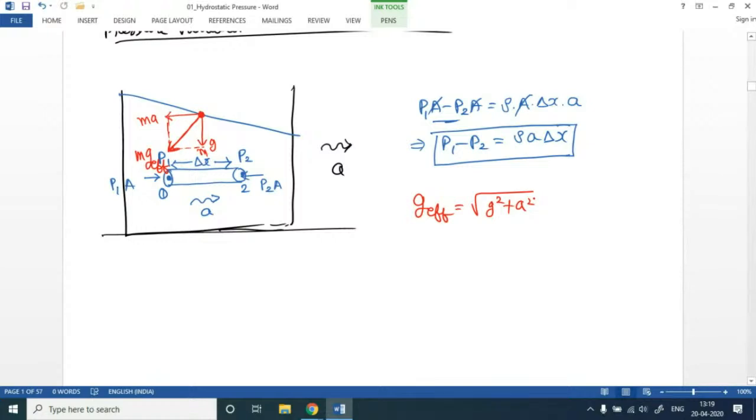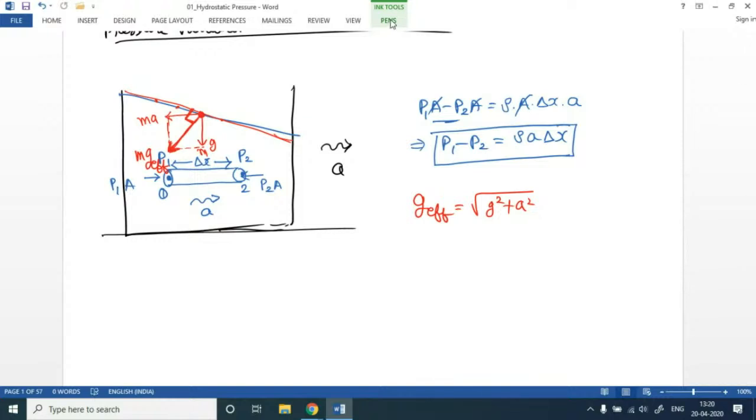So the pressure is going to vary in the direction of g effective. In the direction perpendicular to g effective, the pressure is not going to vary. That is another interpretation: the pressure at all these points is going to be the same, so this line here is going to be perpendicular to the direction of g effective, and that is how we can find out the inclination of the open surface of the liquid.